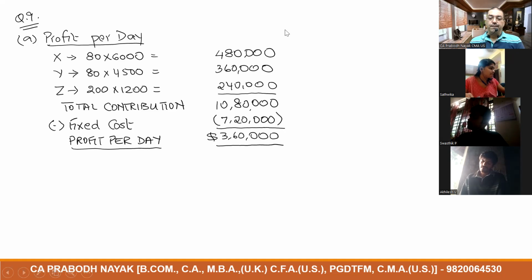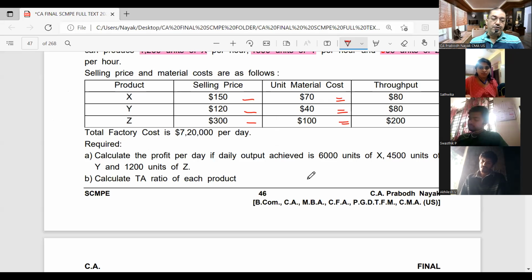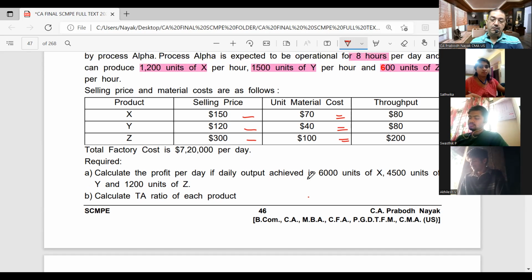Second, they have asked us to calculate the TA ratio, that is the throughput accounting ratio, for each of the products. For that, we'll require the return per hour, or returns per unit. Contribution not per unit but per hour. So I will require contribution per hour, and I will be requiring cost per hour.